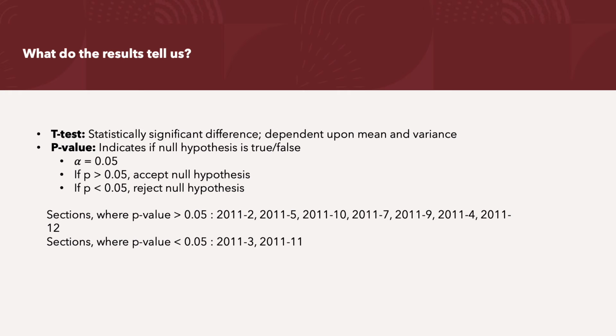As shown here, the laboratory sections where the data did not occur due to random chance were section 20113 and 20111, whereas in the other laboratory sections, the p-value was above 0.05, and therefore the null hypothesis was accepted.